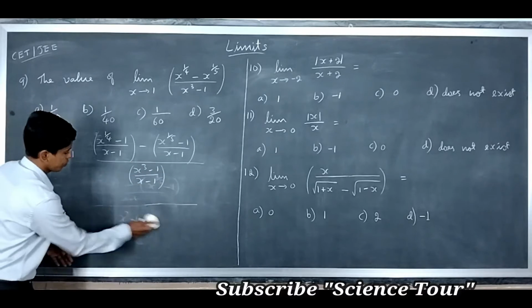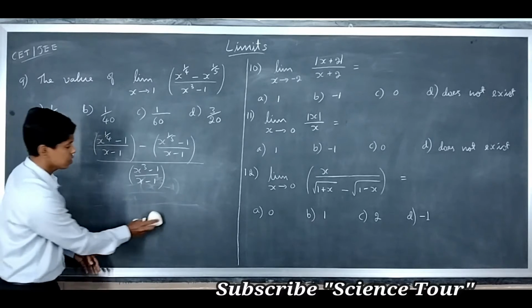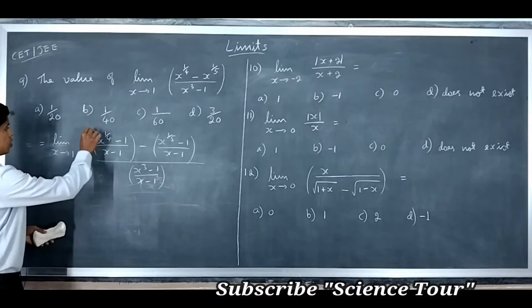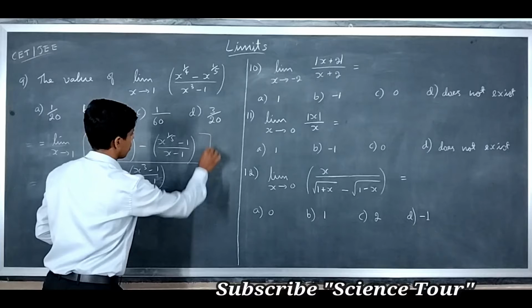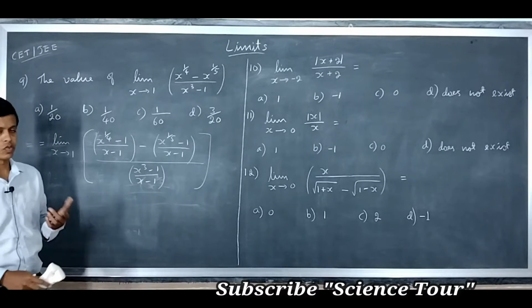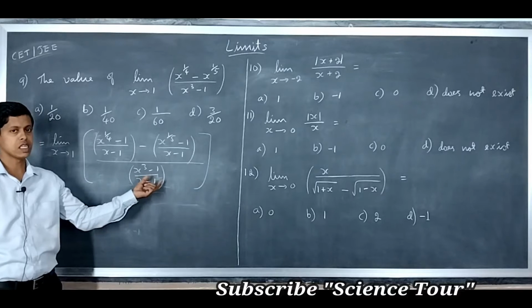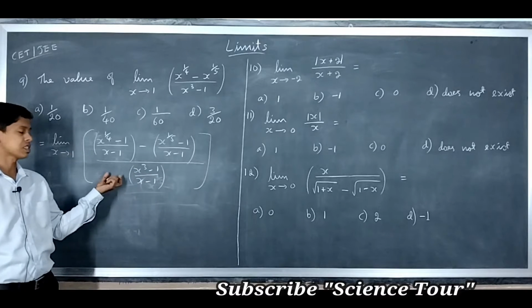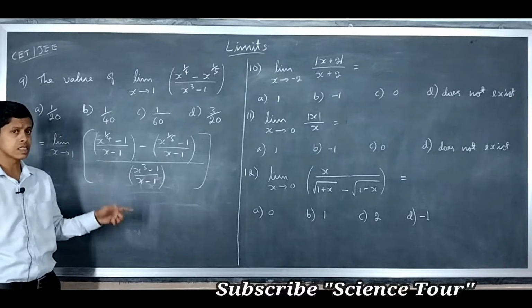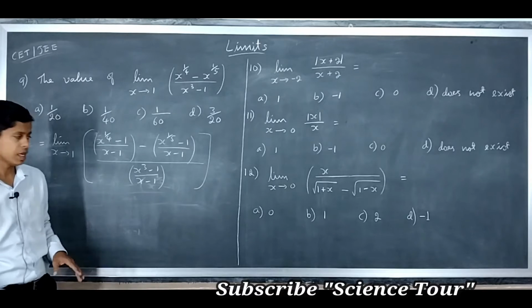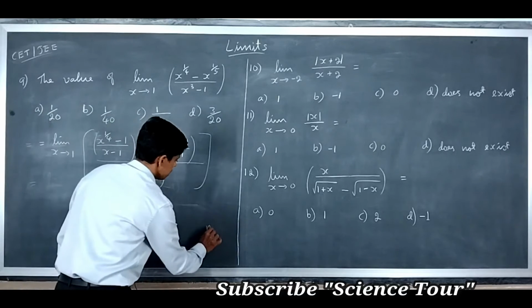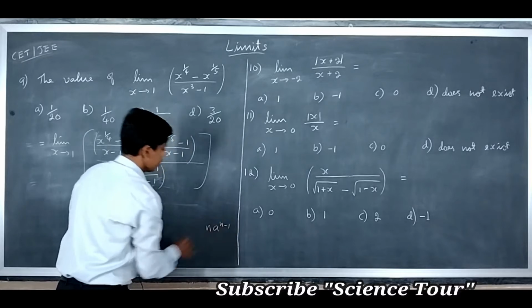So totally 3 places. In 3 places you have to use the formula. Which formula are you going to use? x to the power n minus a to the power n divided by x minus a, if limit x tends to a, then the answer is n into a to the power n minus 1, correct? The answer is n into a to the power n minus 1.